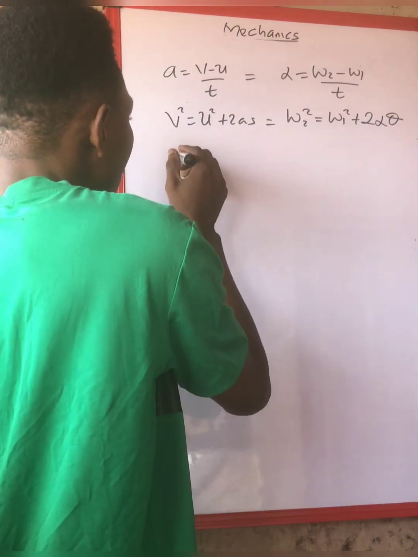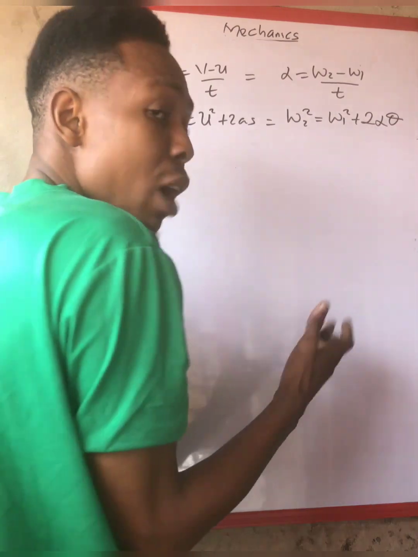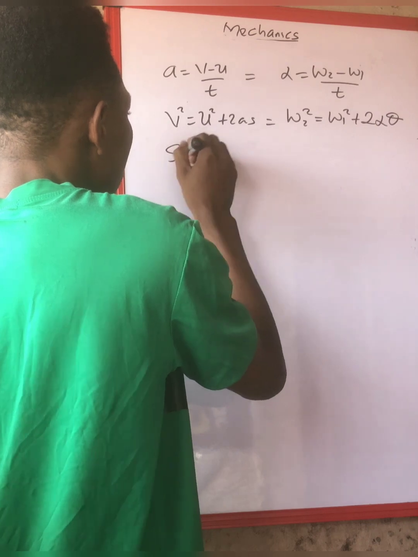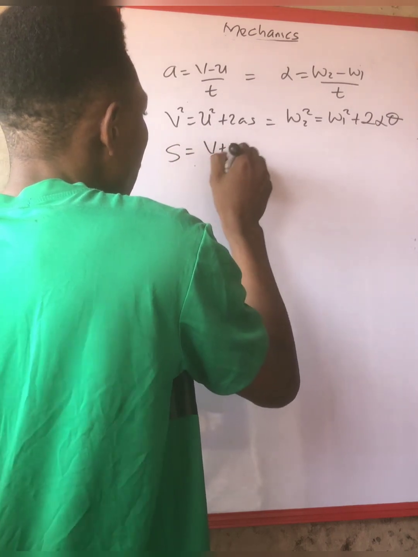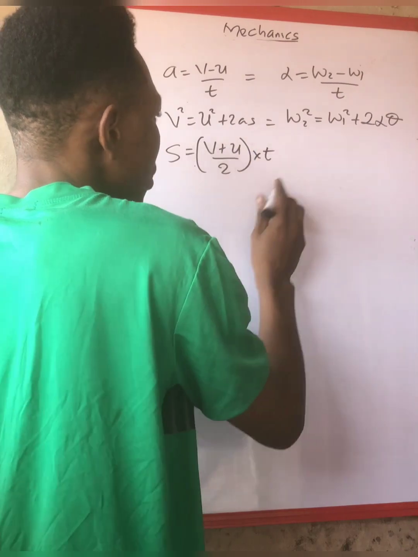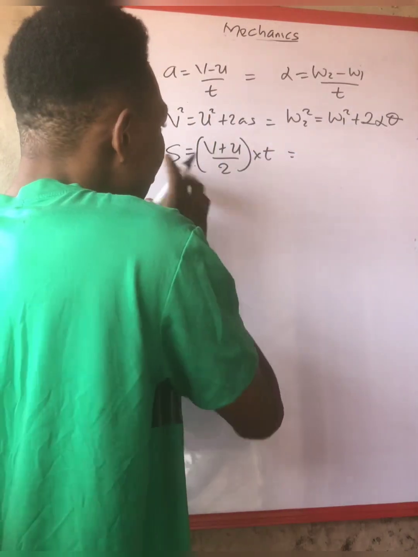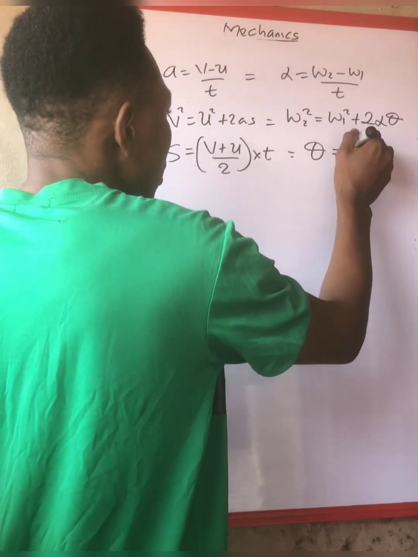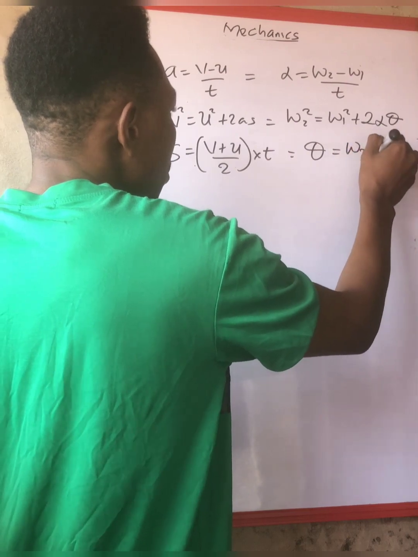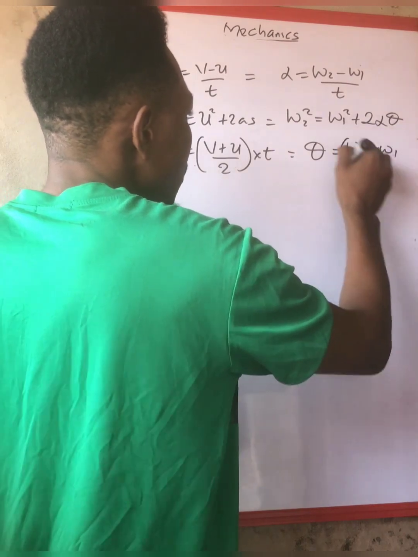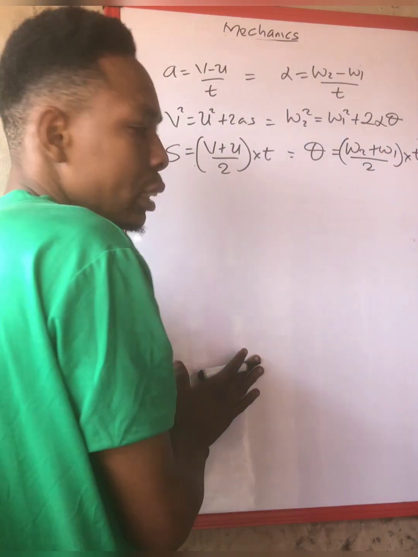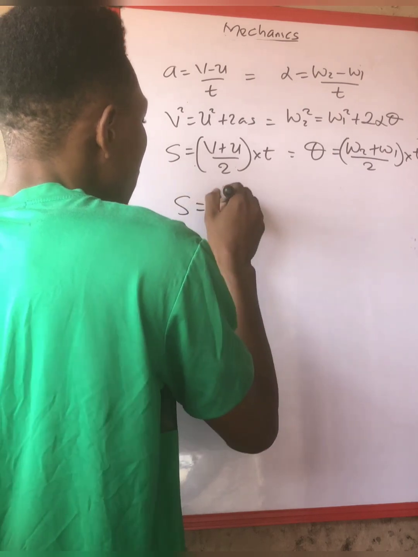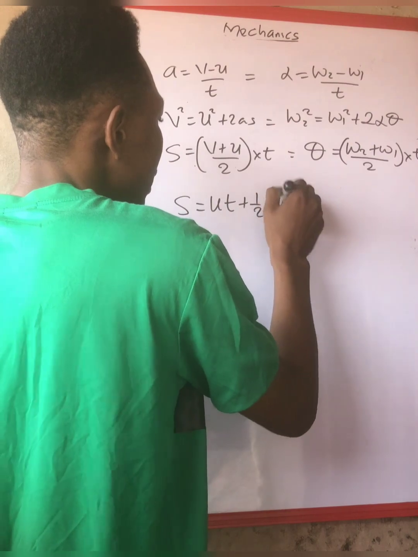Then we also have this, another formula for angular velocity. We also have s equals v plus u over 2, times t. When converting it to angular, s becomes theta, so it becomes W2 plus W1 all over 2, times t. Then we also have s equals ut plus half at squared.